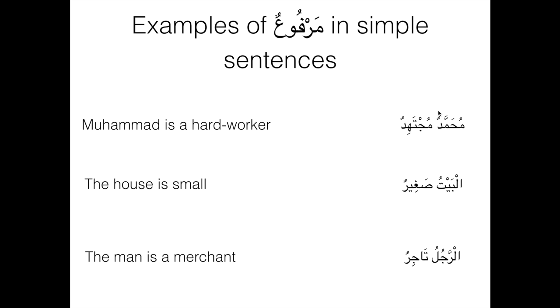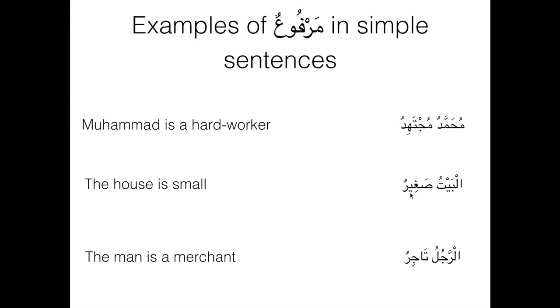The noun that begins the sentence, with nothing before it, will be in the marfu' case. We didn't say Muhammadan or Muhammadin. We say Muhammadun, and we give the information about Muhammad that he is hardworking. Muhammadun mujtahidun.